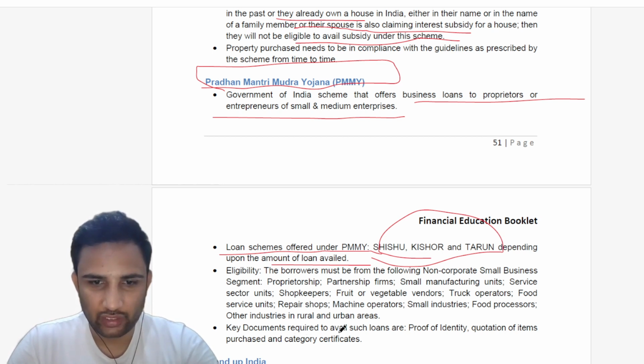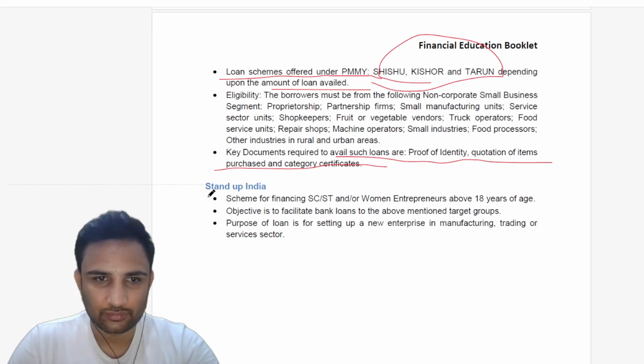Key documents required to avail such loans are proof of identity, quotation of items purchased, and category certificates.